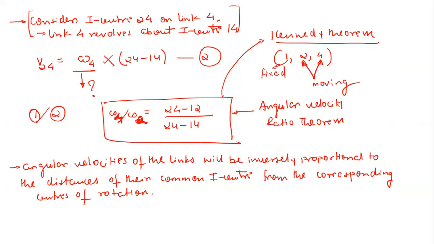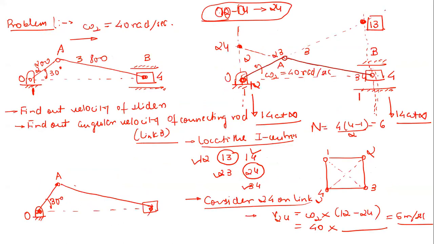So another time I considered it on link 4. So here also you have to do the same thing, right? One time you considered it on link 2. Another time you just consider it on link 4. So consider 1, 2, 4, link 4, right?